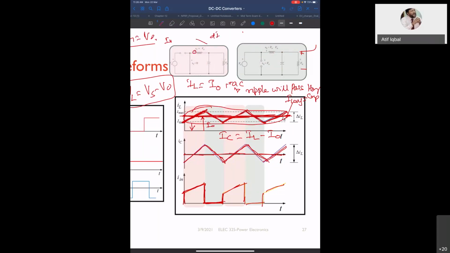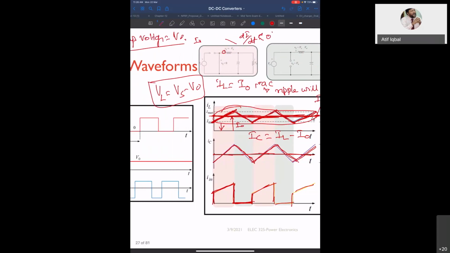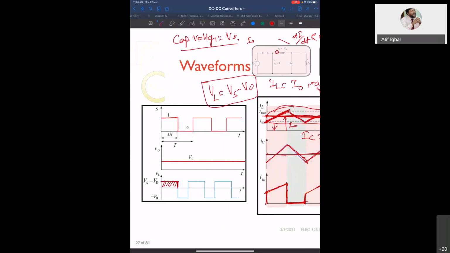The di by dt is negative. So it will be the same as V naught, but negative. And you know that the average voltage across the inductor is always 0. Remember this.